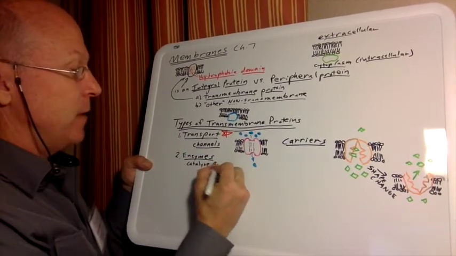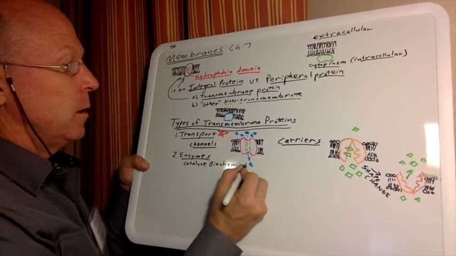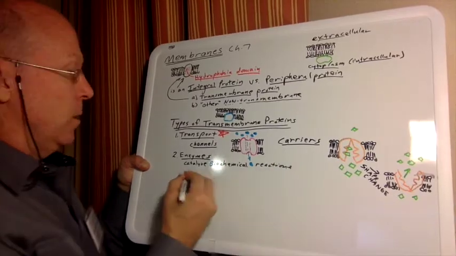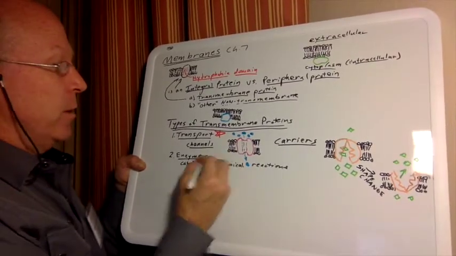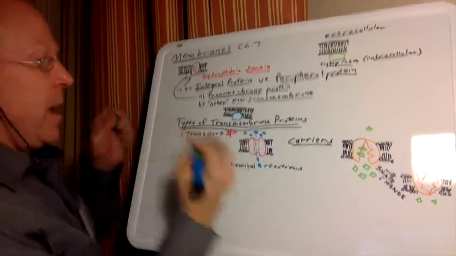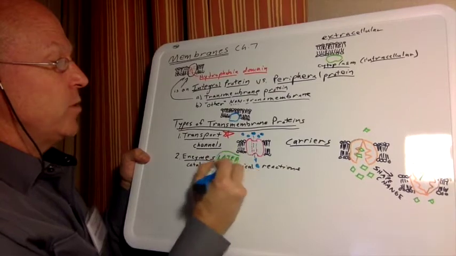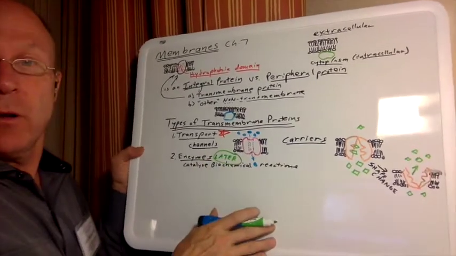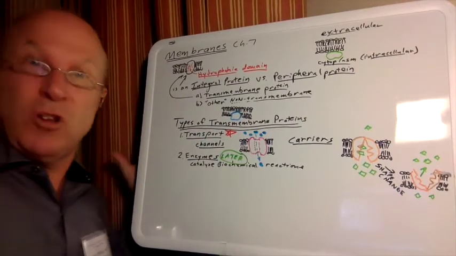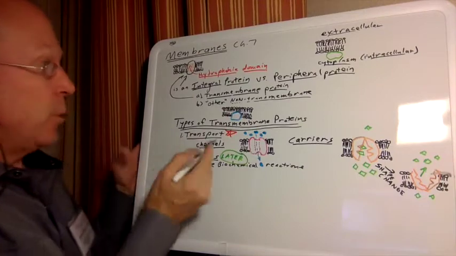So catalyze biochemical reactions. I'm going to put here something to indicate to you that this is going to happen later. We actually will talk about this in another chapter. So you're just going to have to take it at face value that this is a type of transmembrane protein.